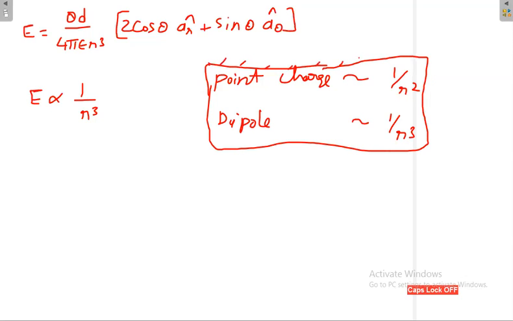For a point charge, electric field depends on 1 over r square. For a dipole, electric field is 1 over r cube. This is for electric field.